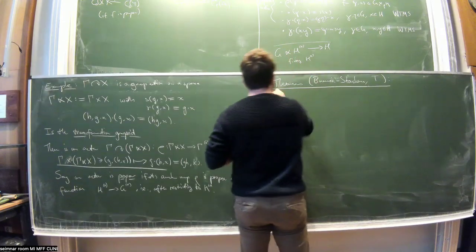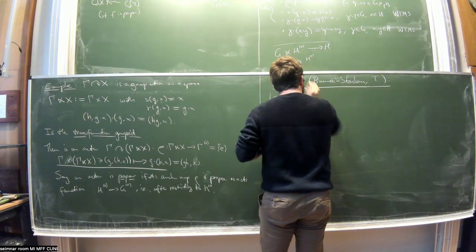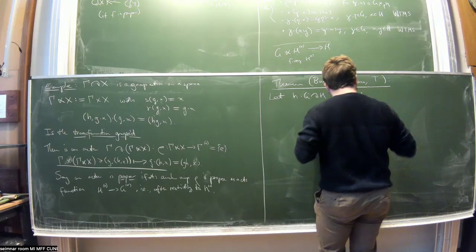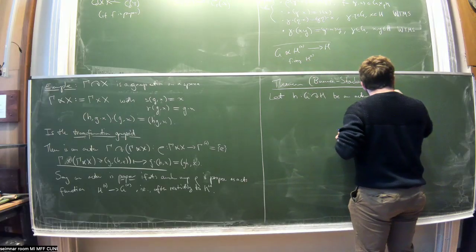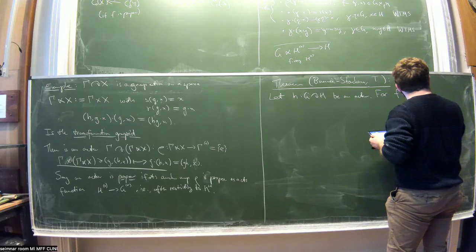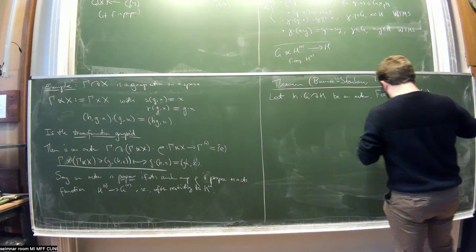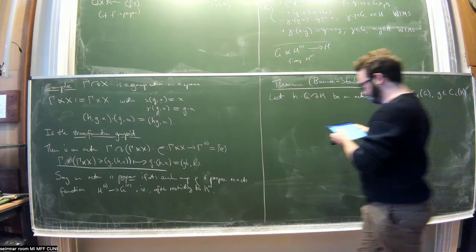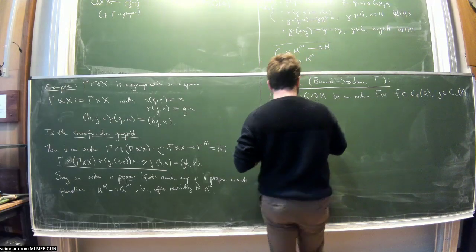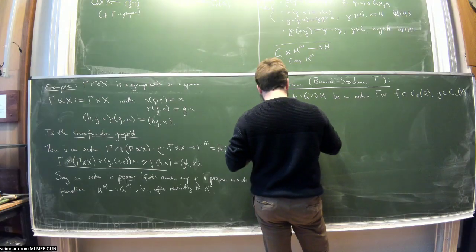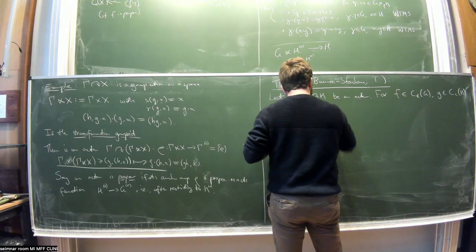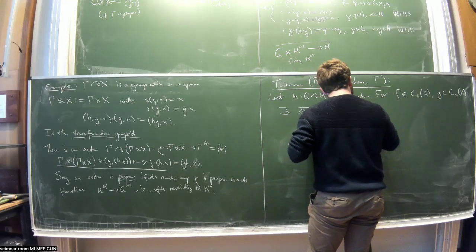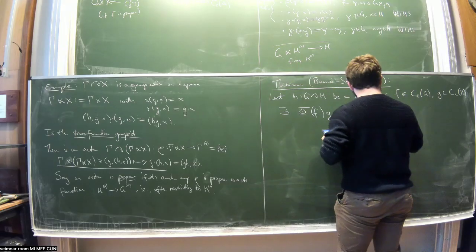But for this H, the actor: for a function F that is continuous compactly supported on G, and another function that is continuous and compactly supported on H, there exists a function which I call phi of F juxtaposed with G, again in the continuous functions on H, satisfying the following.